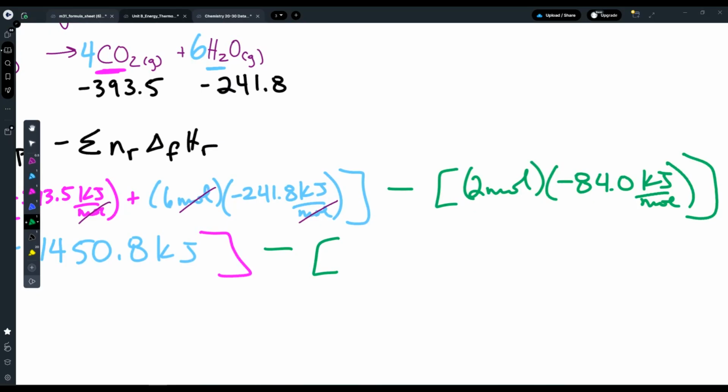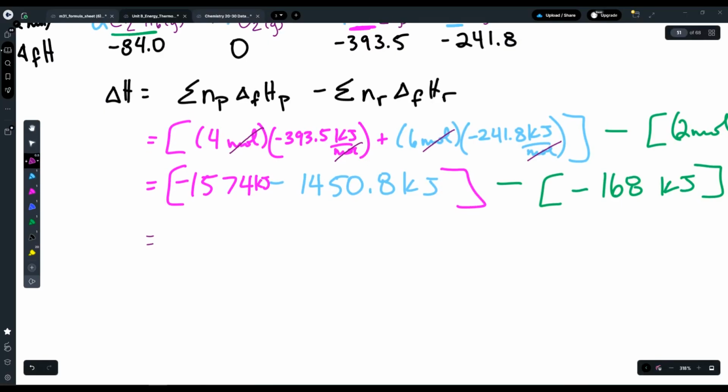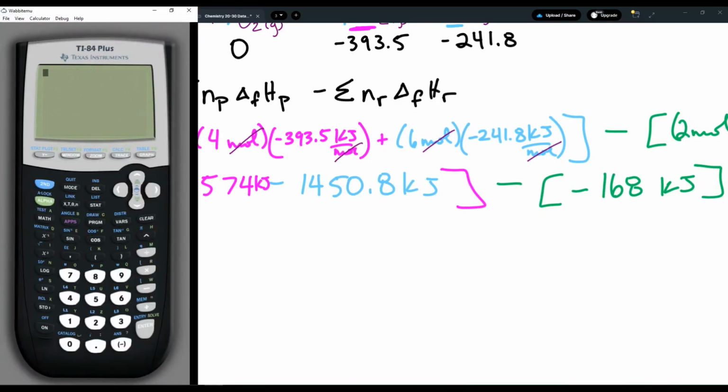Okay, and then 2 times negative 84 is going to give us negative 168. Okay, so negative 1,574 minus 1,450.8 plus 168. Let's do that.